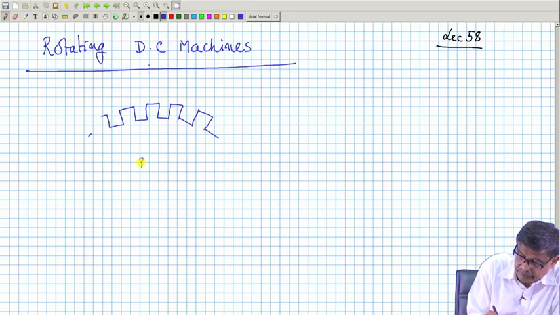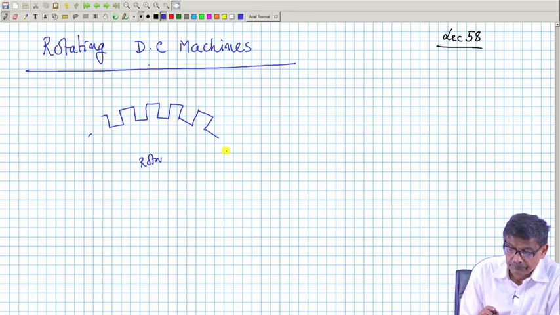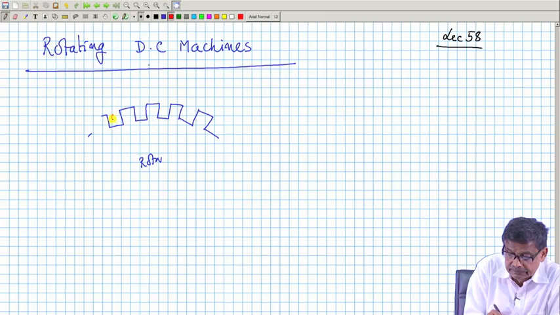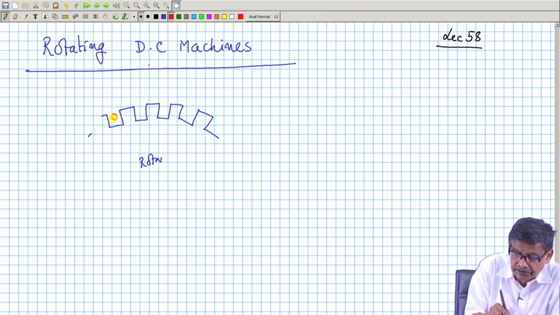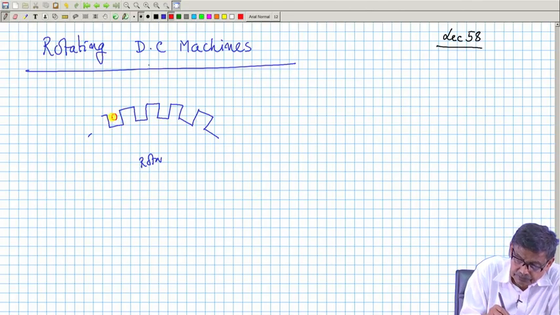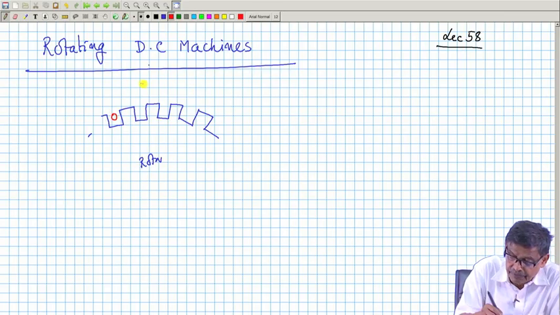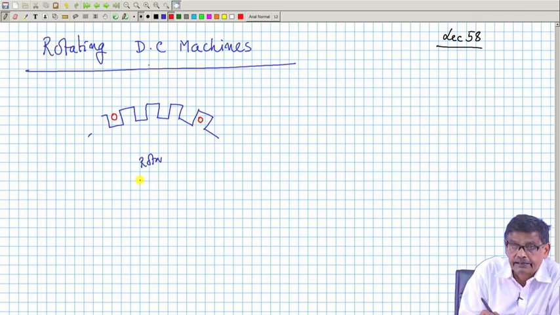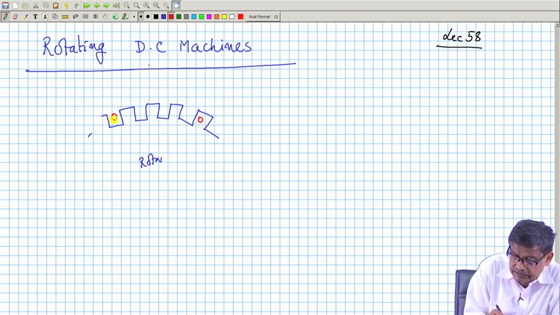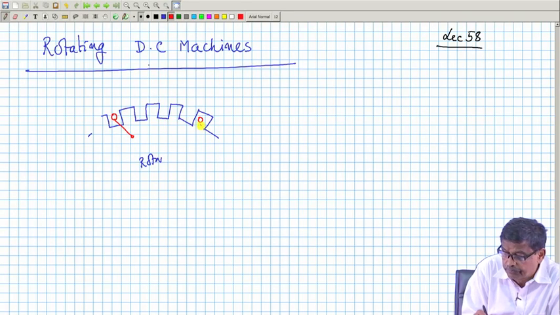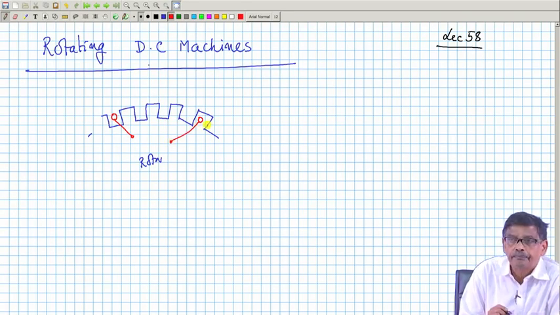This is the rotor, only a portion I am drawing, and I will place a conductor here, which will take a piece of wire, put in one slot, at the end you turn around, and through another suitable slot you bring out this end. So you will have two terminals for this coil.